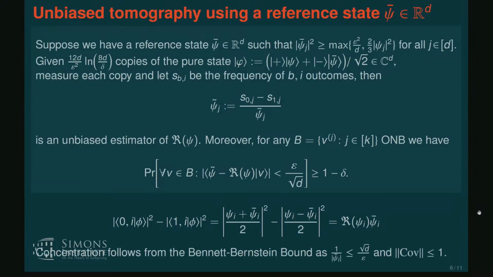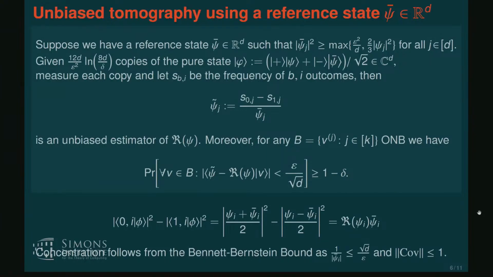And so there are two important properties of this estimator: the covariance matrix of a single sample will be upper bounded by 1 in operator norm. And also the outliers are not too big. Because I divide by the amplitudes of the reference state, I might output a huge amplitude for a single estimate. But it cannot be too big, because I ensured that the reference state is never too small, and therefore an individual sample might give me something bounded by square root d over epsilon in total.